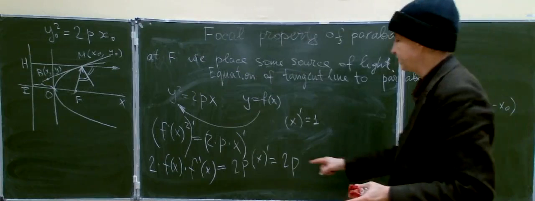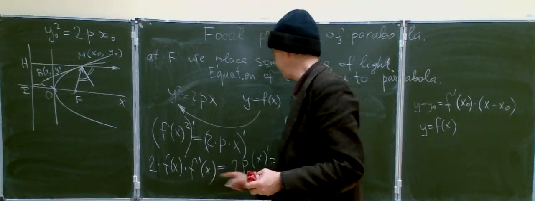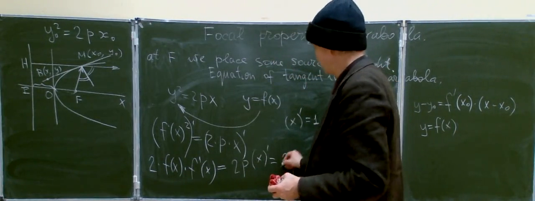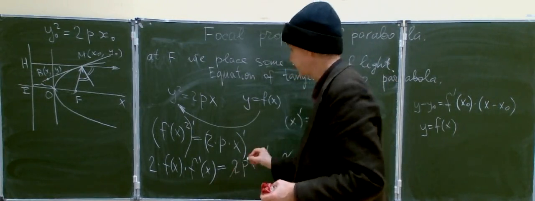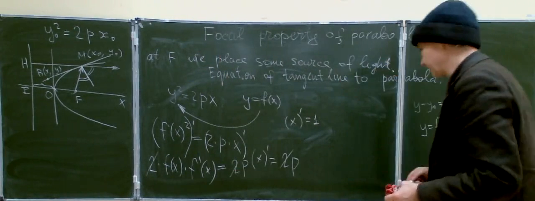Thus, looking at this formula, we can express f prime through f and p. The coefficient 2 can be cancelled because it is present in the left hand side and in the right hand side of our equality.